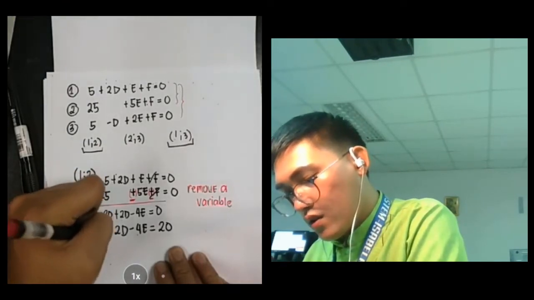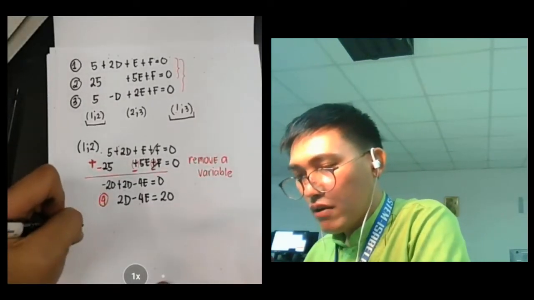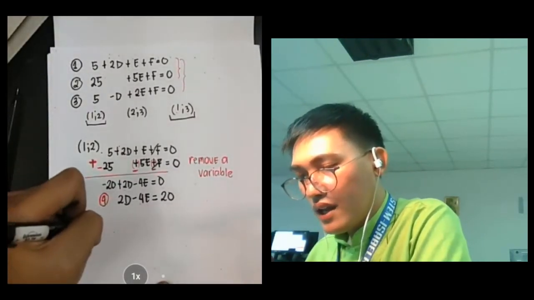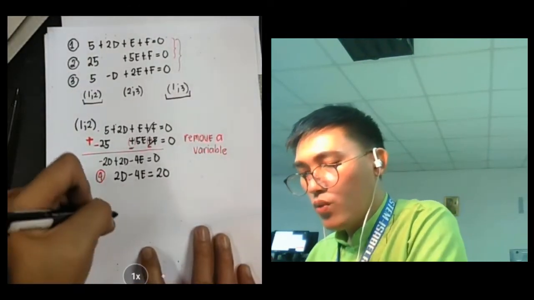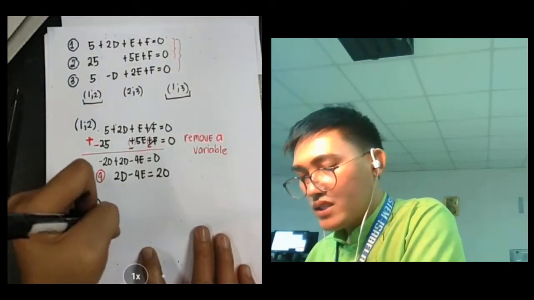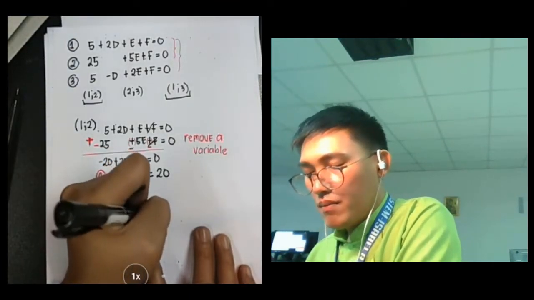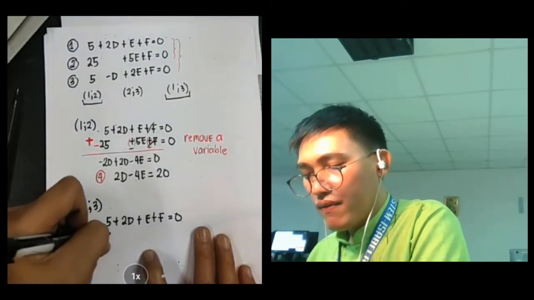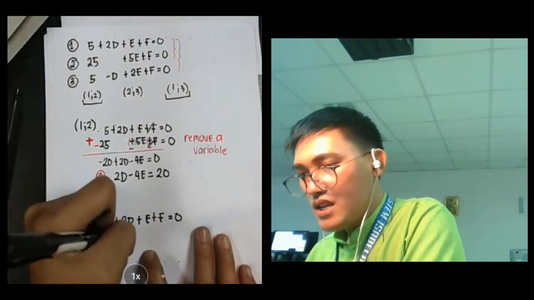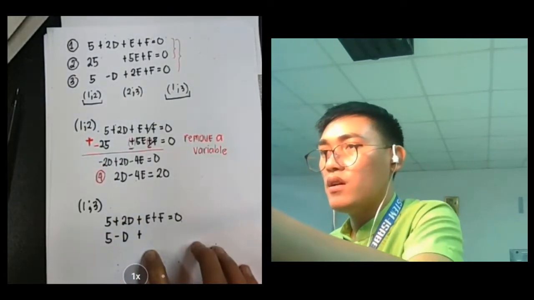Alright, let's go to equation number 5 by combining 1 and 3. For 1, we have 5 plus 2d plus e plus f is equal to 0. Then for 3, we have 5 minus d plus 2e plus f is equal to 0.